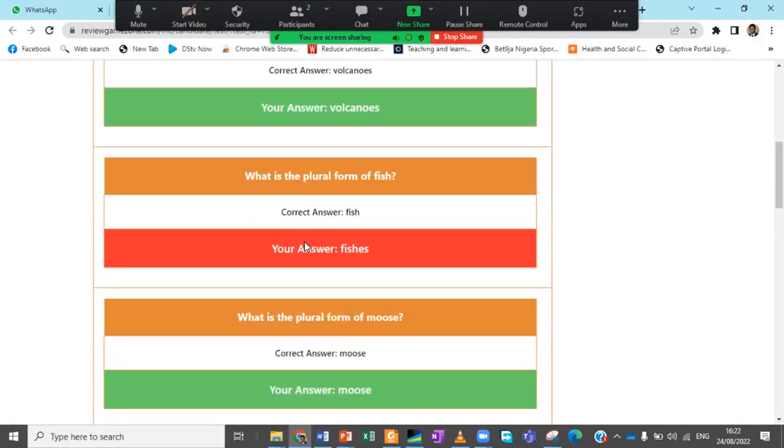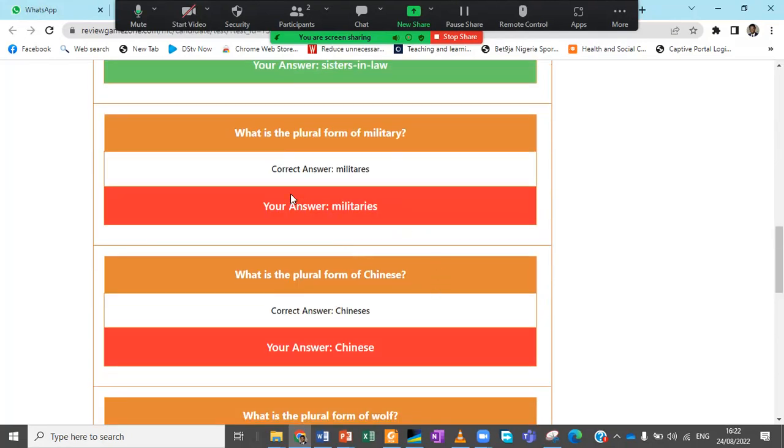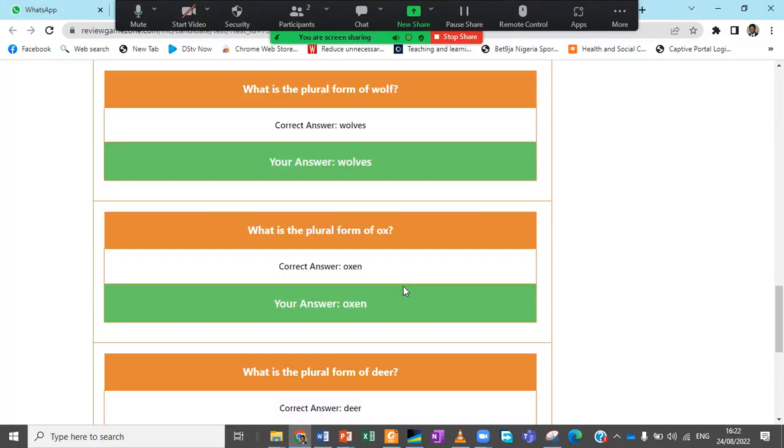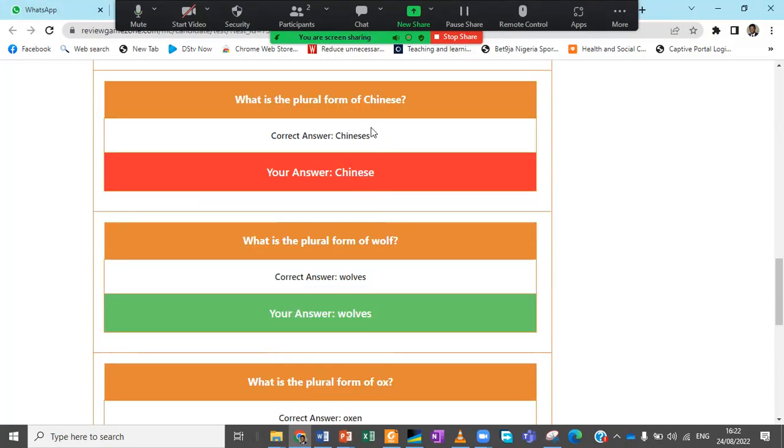Now, for these fishes, you are still correct, like I explained earlier. Have you ever heard people say Chineses? No. Chinese should still remain Chinese. You are correct.